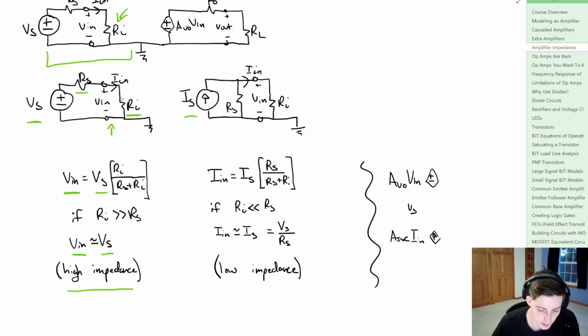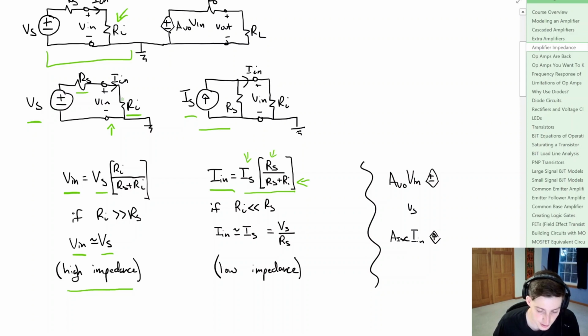If we look at the current modeling of the input and do that pseudo source transform, we know that the input current, Iin, is going to be that current divider between the source impedance and the combination of the source impedance and the input impedance.